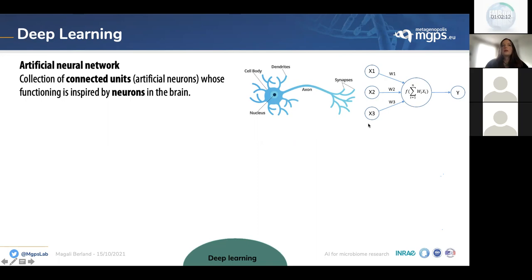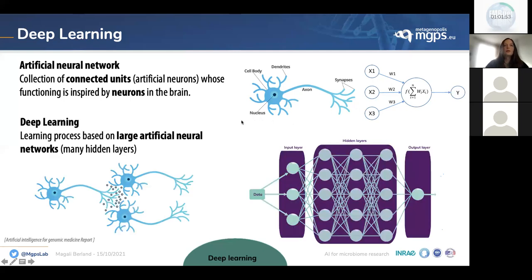So here is an artificial neuron where you give some information in input. You have some mathematical function, and depending on this mathematical function and the input, it will or will not provide some output. And so deep learning is a learning process based on a large artificial neural network with many hidden layers.